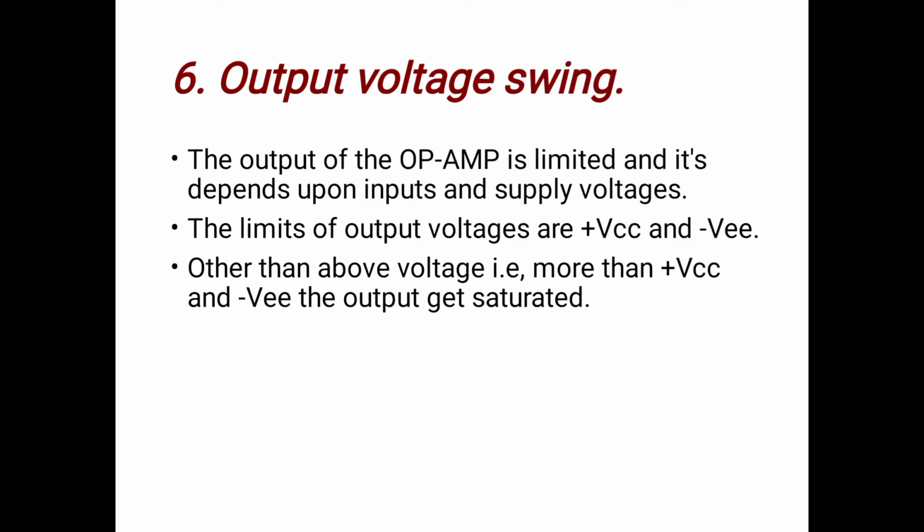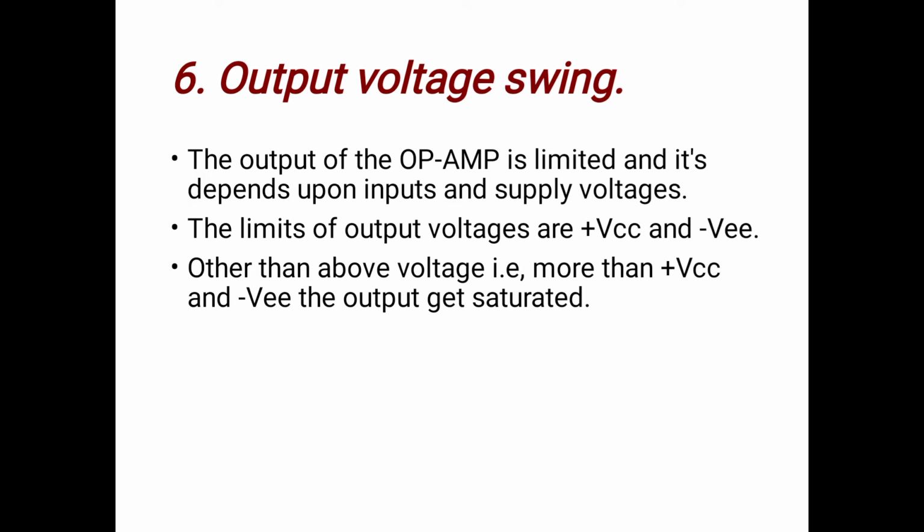Sixth one, output voltage swing. The output of the op-amp is limited and it depends upon the input and supply voltages. The limits of output voltage are plus VCC and minus VEE.